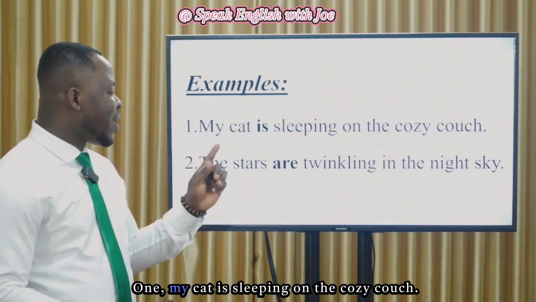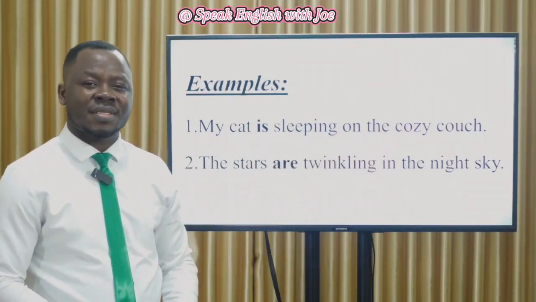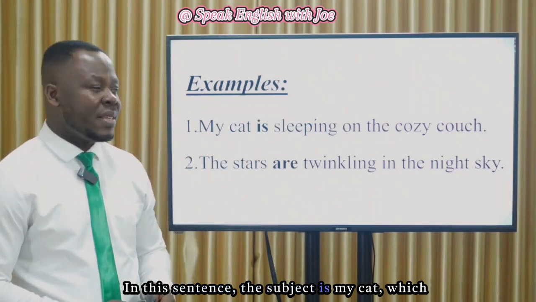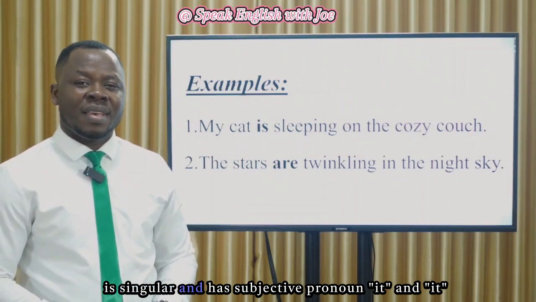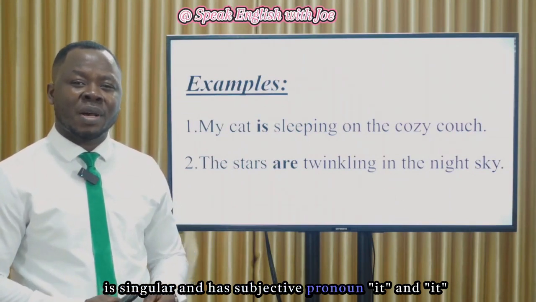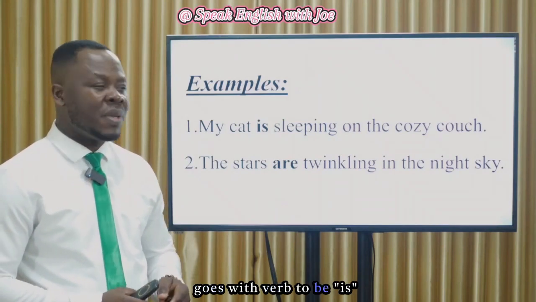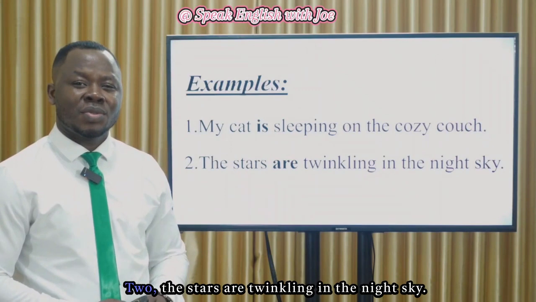1. My cat is sleeping on the cozy couch. In this sentence, the subject is my cat, which is singular and has the subjective pronoun it, and it goes with the verb to be is. 2.